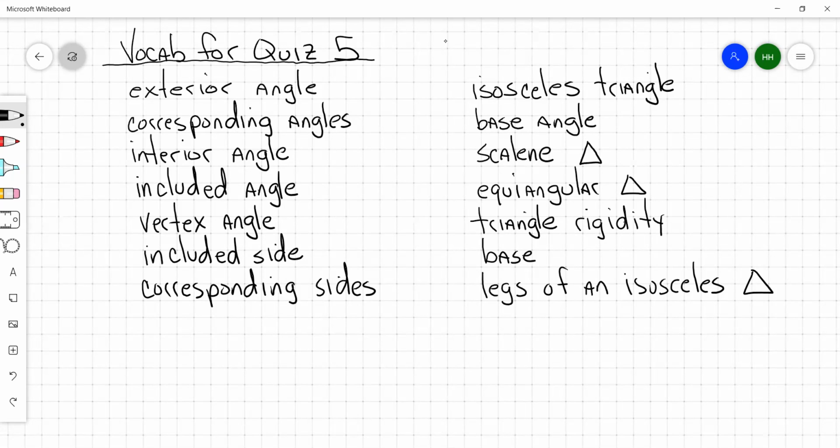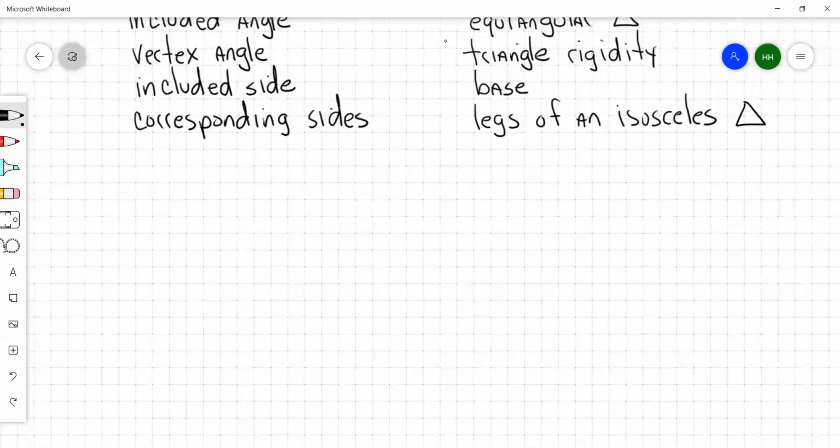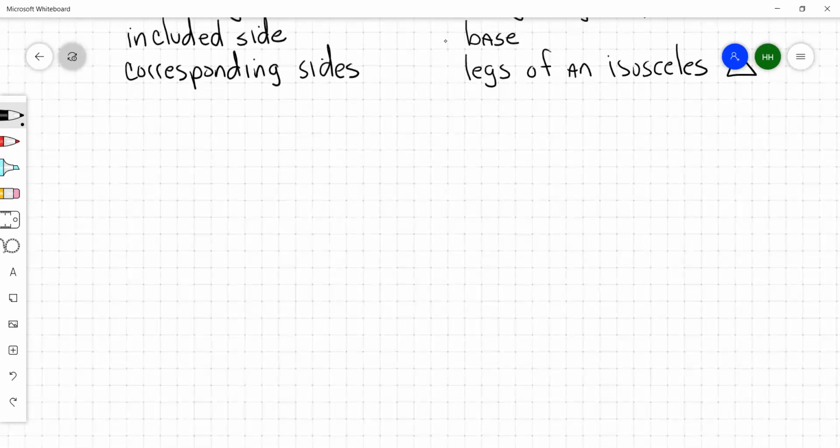Okay, so what we're going to be talking about today is congruent triangles.